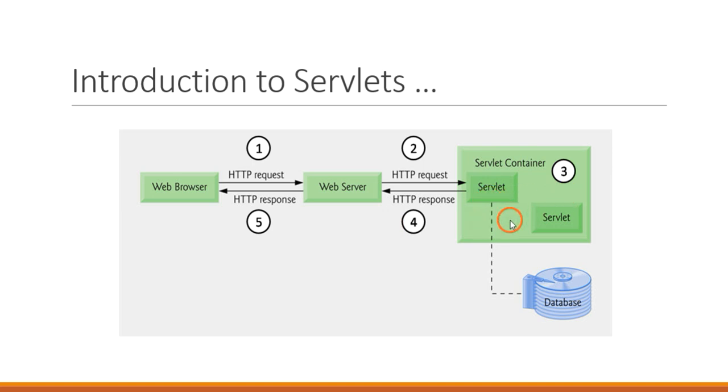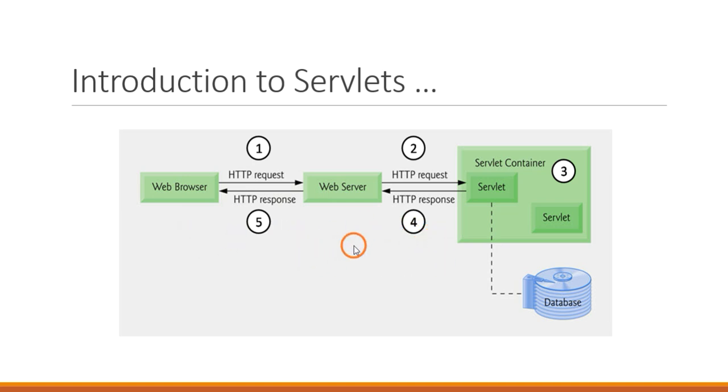Just think like that. Okay, now the web server will forward the request to a servlet container. Now the servlet container will create an object for the required servlet class, and if the request needs access to a database, it will forward the request to a database, get the response back, and that response is sent to the web server, and finally the web server forwards that response to the client.